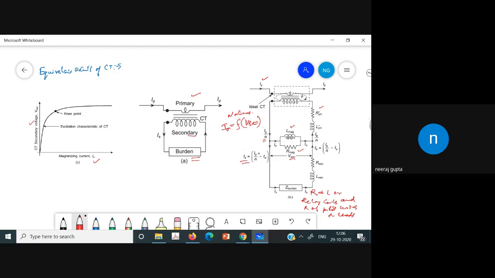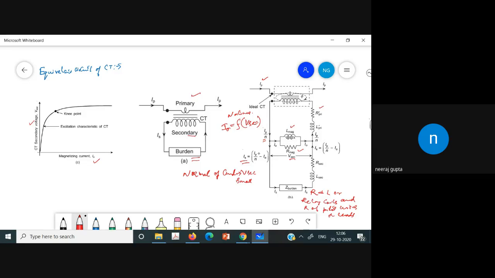Now, during the normal operating conditions, the V secondary is small, so this value is very less. So what happens when the V secondary is small? I naught equals V secondary divided by this total impedance, let it be Z magnetizing.